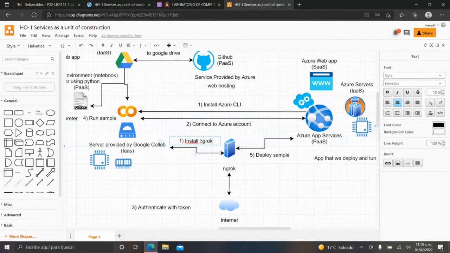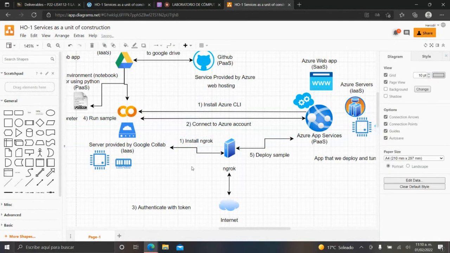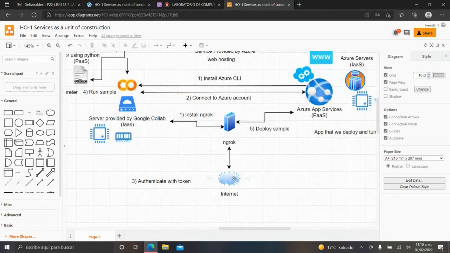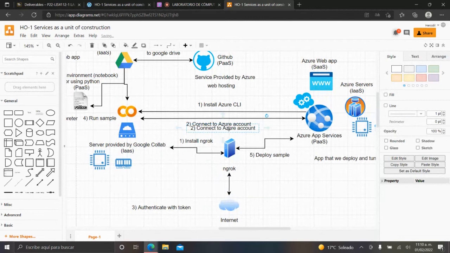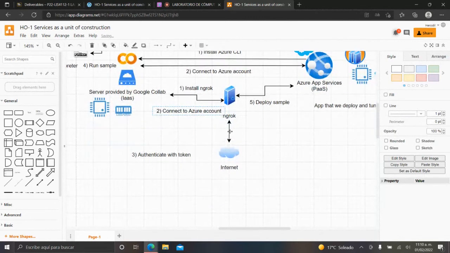Here, you do not need to exhibit the internet because we are in the preparation of the environment, and for the time being, nothing was exposed. It will be until we run the application that the internet comes into the matter. So I remove this part. Yes, remove the internet.